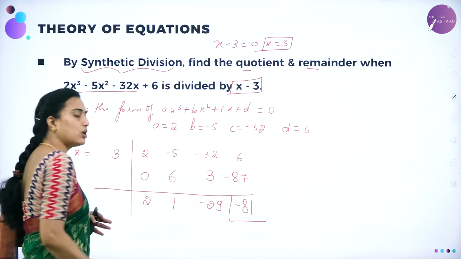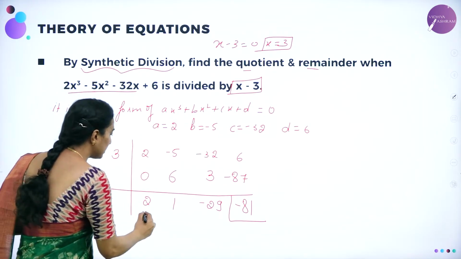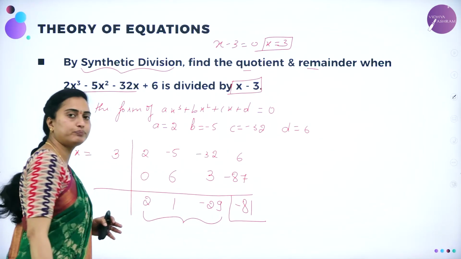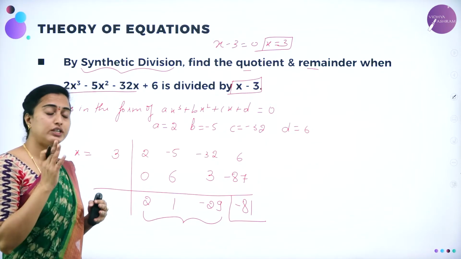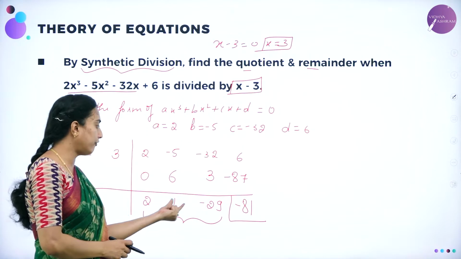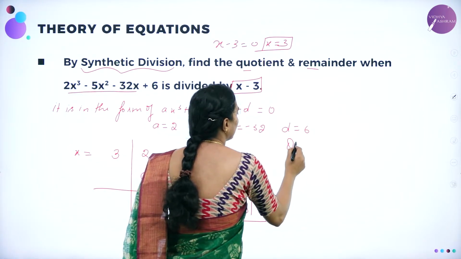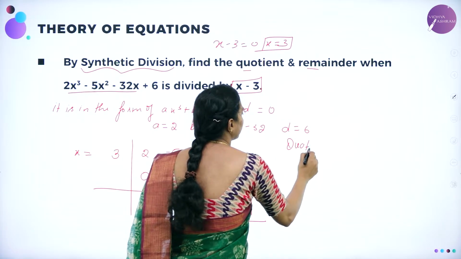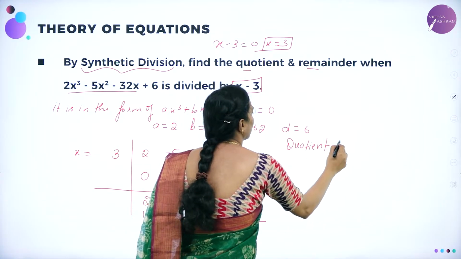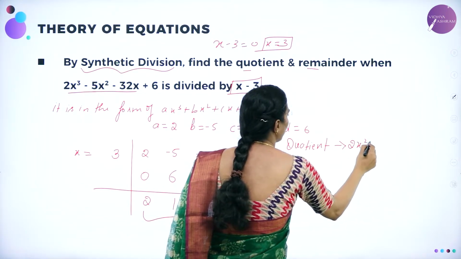Now this is called the remainder. What is at last you are going to find out, that is going to be called as the remainder, and this is nothing but the quotient. Understood? Therefore, quotient is reduced to the form of coefficient of x squared, coefficient of x and constant term. So the quotient is, you are getting coefficient of x squared is 2, that is 2x squared.